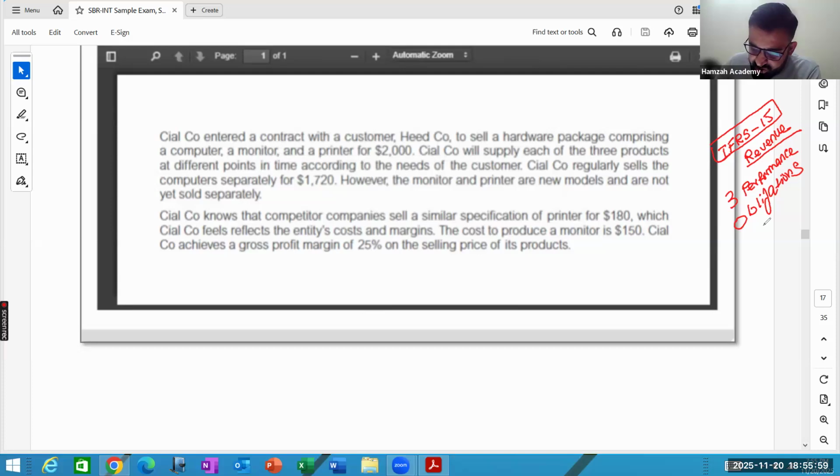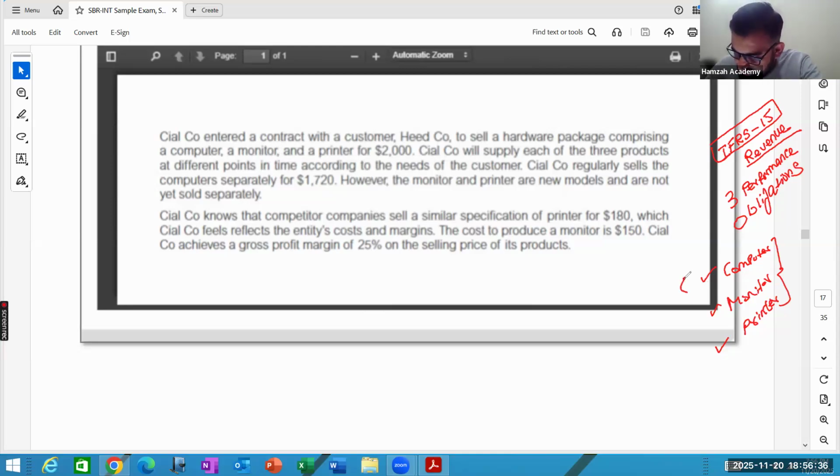One performance obligation is to deliver a computer. Number 2, a monitor. And number 3, the printer.